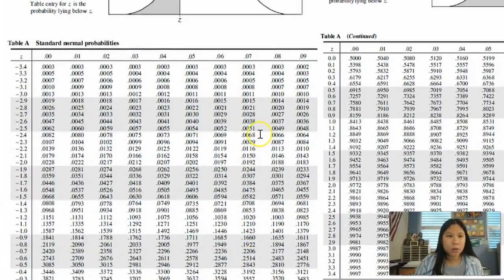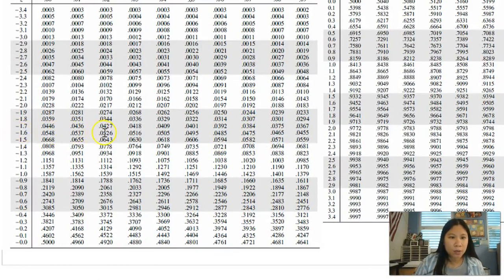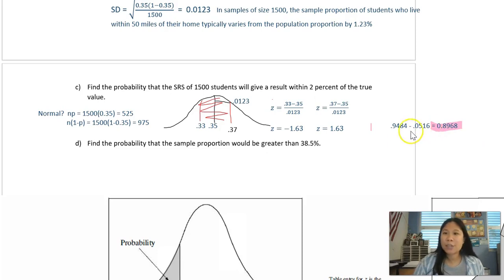Negative 1.63 will give me 0.0516. Positive 1.63 will give me 0.9484. Subtracting the bigger percentage minus the smaller percentage, I get 0.8968.